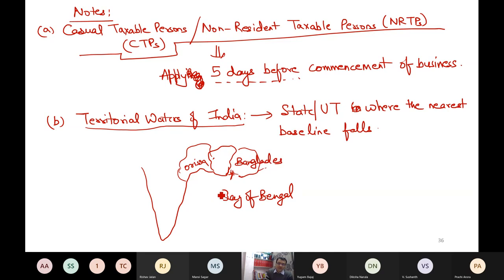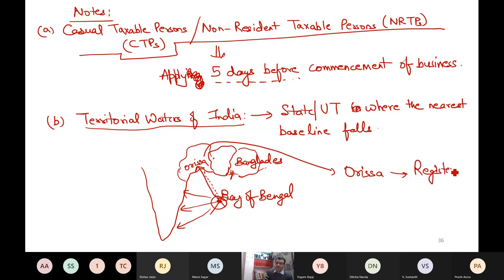Now, suppose from here I am making this supply. So I should check in which state the nearest land falls. For example, from this point, the nearest baseline falls in Odisha, then Odisha becomes the state where I should register. That is the simple point.